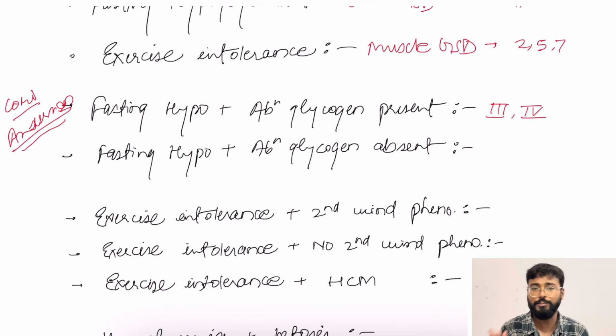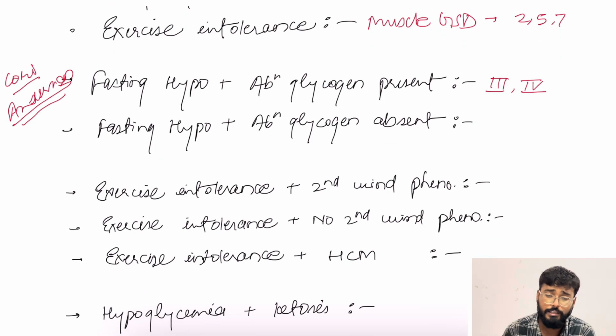You can remember by this named Corey Anderson, a cricketer, if you have heard of him. So the third one is your Cori's. You can remember by this, like the C is your 3rd letter, and it is also the 3rd type of GSD. After that Andersen, because Corey Anderson is next. So C goes with D, that is debranching enzyme is defective in case of Cori's, and Andersen, A goes with B, that is your branching enzyme.